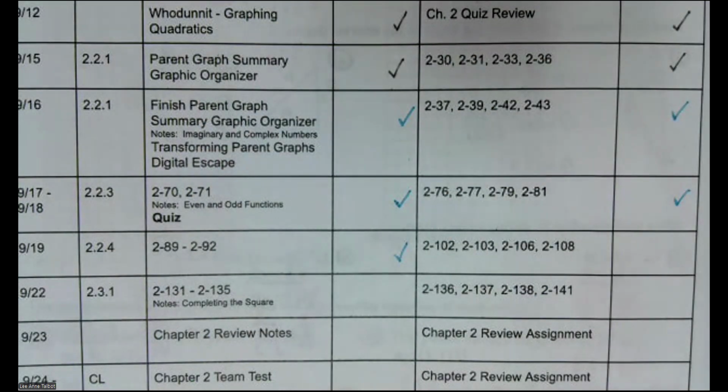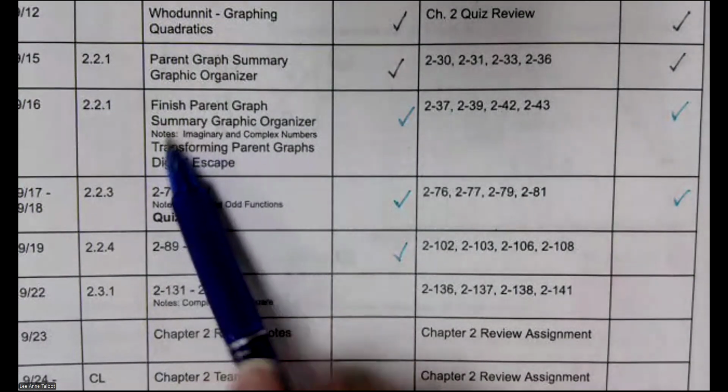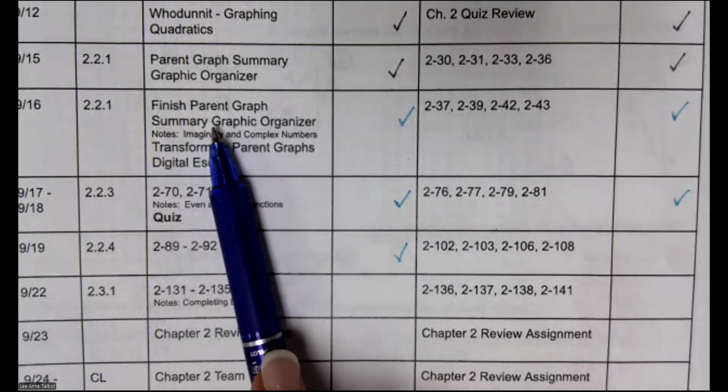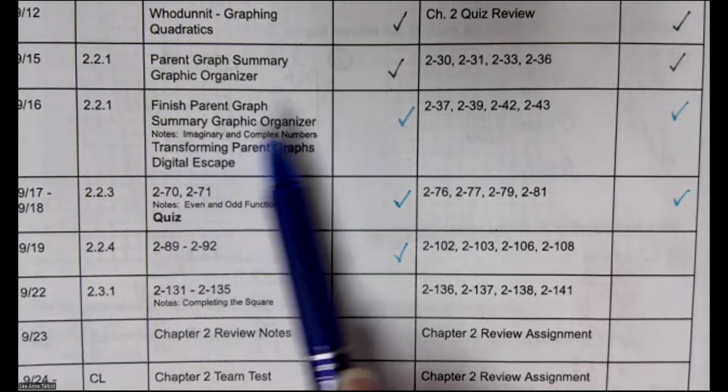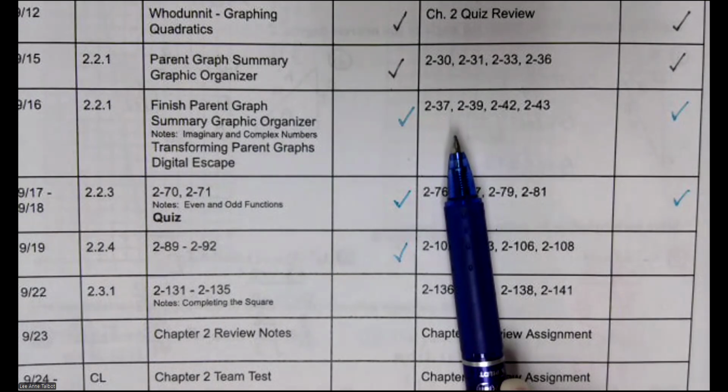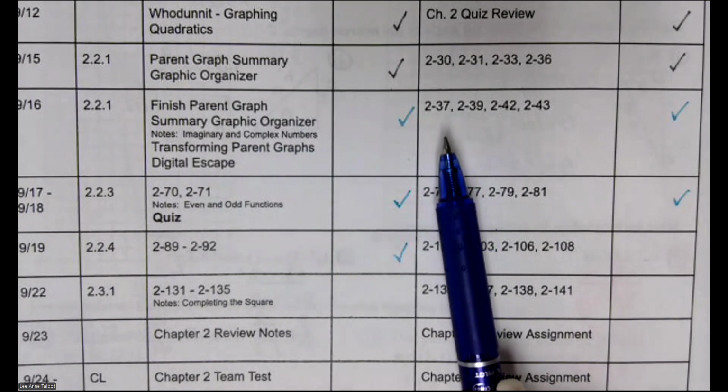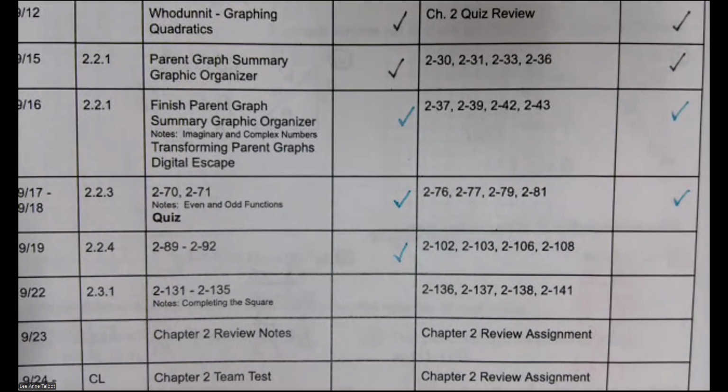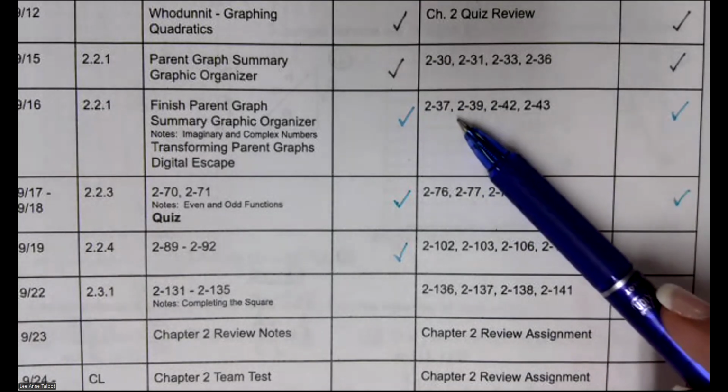For everyone else, I will. So you don't have to show me anything for this box. I have it from Google Classroom already. You can show me. Everyone did it in class. You remember how easy it was? You didn't? Okay, awesome.